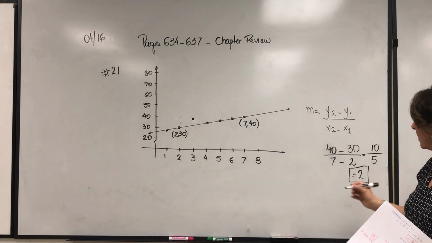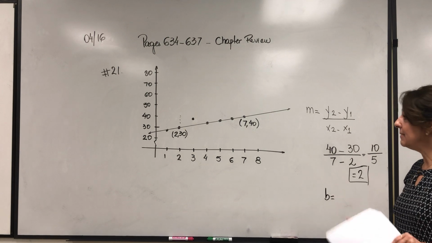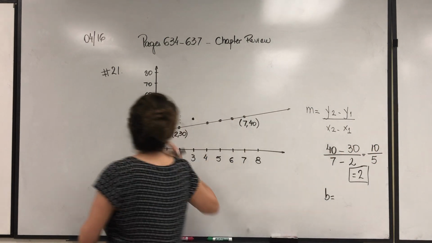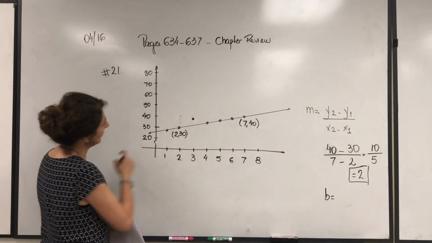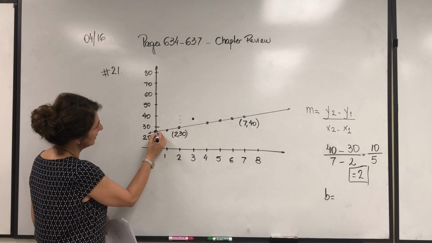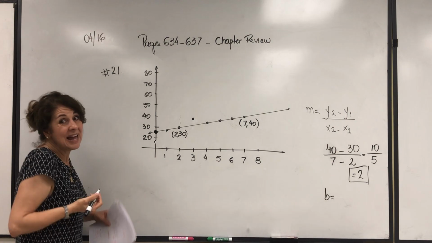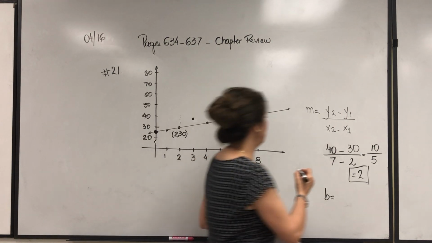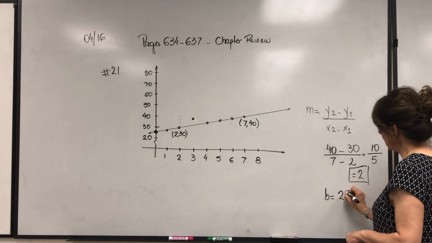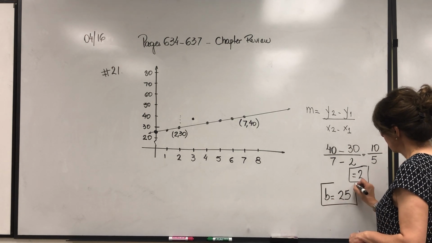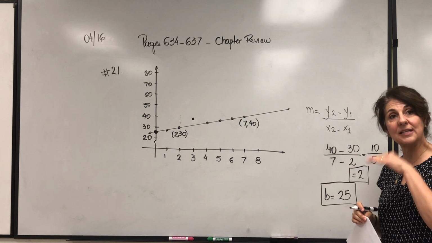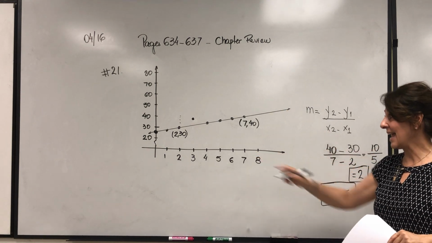And then here, look, I have to find B. B is where it cuts the y-axis. So according to the line that I drew, it's going to cut the y-axis right here, which I am going to assume is close to 25. So B for me is going to be 25, because that's where my line of best fit crossed the y-axis.